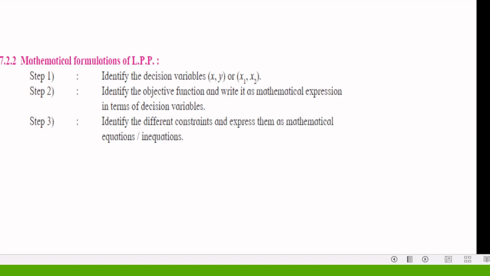Next, you have to identify the constraints. When I say constraint, there will be some limitation. This is something new, right? This was not in 10th standard. Constraint means this value should not go beyond this. When I say maximization of profit and minimization of cost, the cost should not go beyond this, and the profit you need to maximize should not be below this.